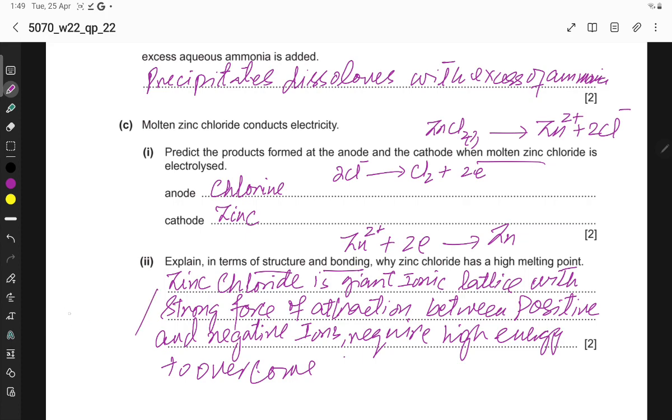So you can write electrostatic force of attraction also. If you write strong force of attraction, you just mention that force of attraction between positive and negative ions.